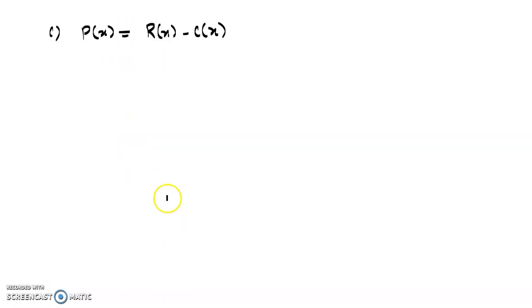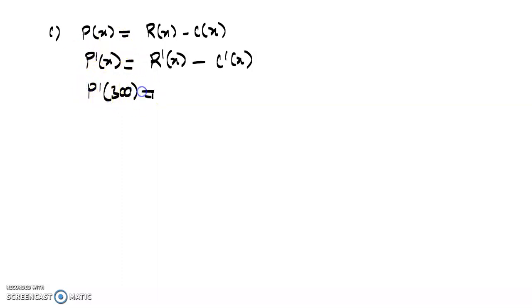Now, the marginal profit is still the derivative of the profit function, which is the marginal revenue minus the marginal cost. So over here, I need the marginal profit when 300 items are produced. So that is R prime of 300 minus C prime of 300. Substitution would give the marginal profit.